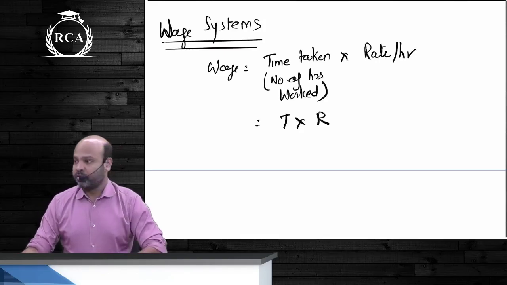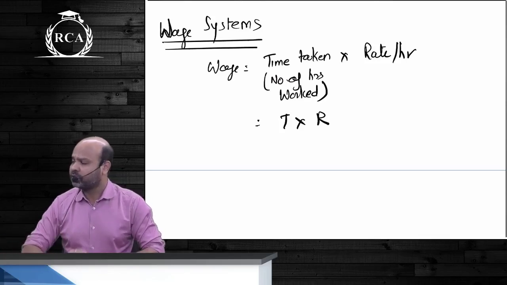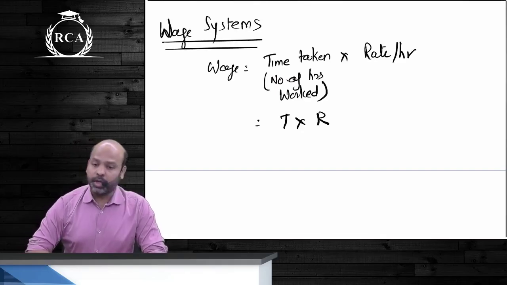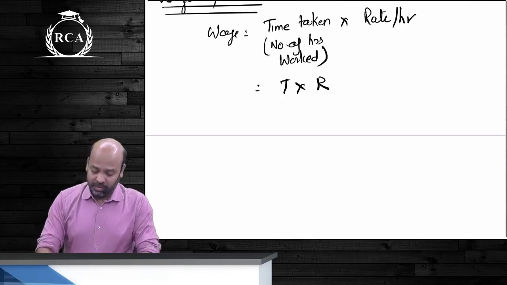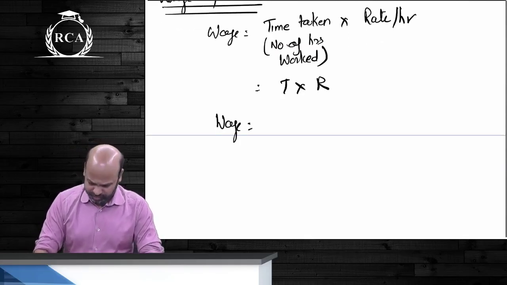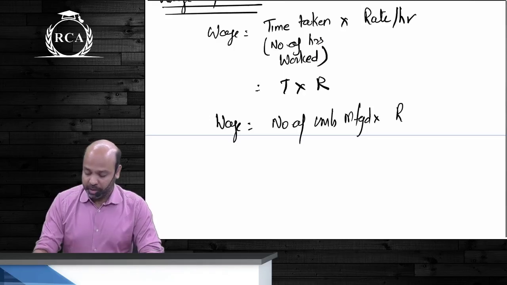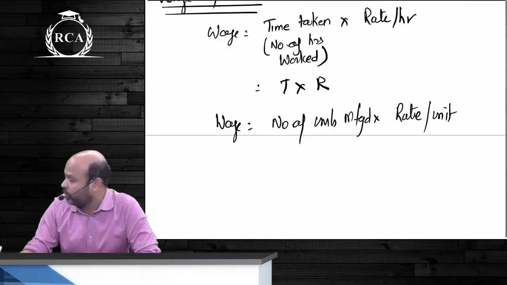Ignoring all incentives, the total wages payable on the basis of hours of work would be time taken into rate per hour. It doesn't matter what output is manufactured. If it is based on number of units, it will be number of units manufactured into rate per unit. This will be the amount of wages payable.